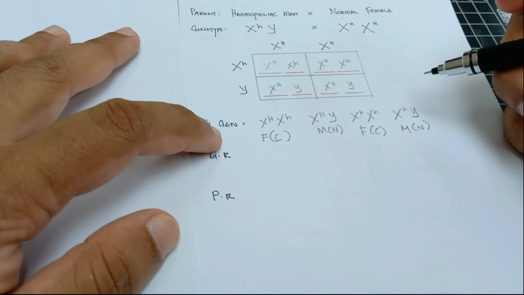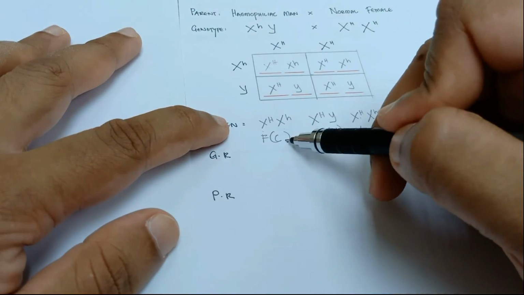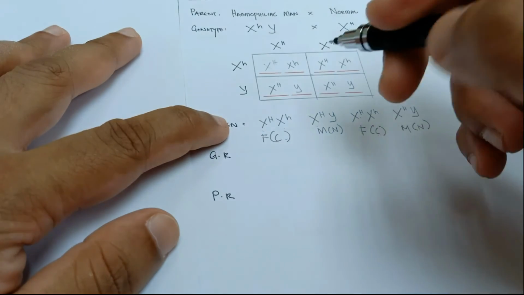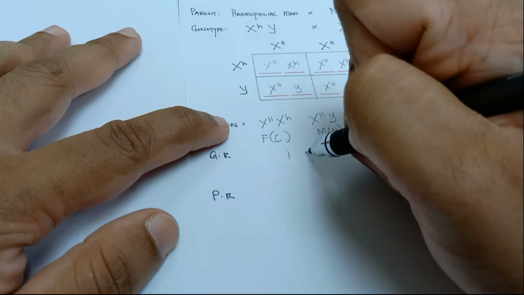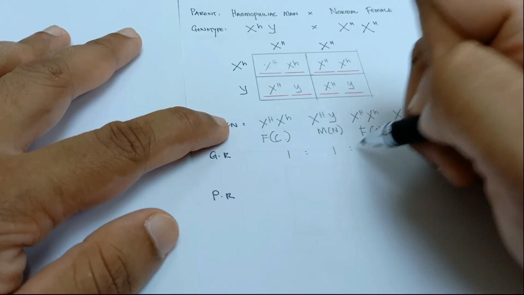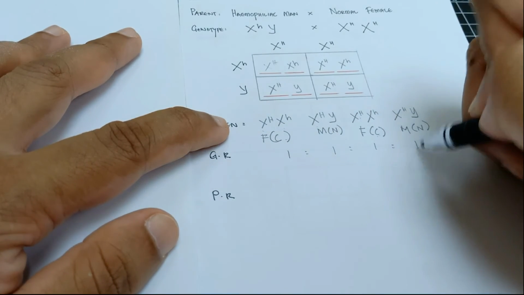So my genotype ratio, look at the genotype ratio, are female carriers which have the same genes. Okay, so I have to put one here, one here, one here, and one here.